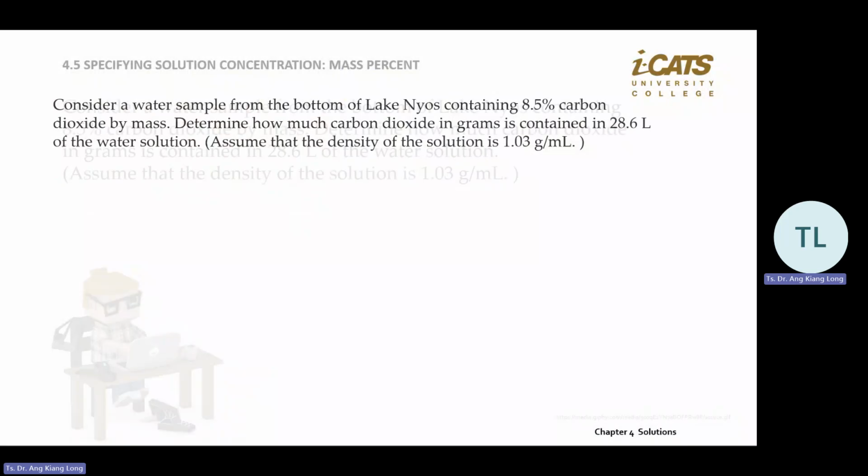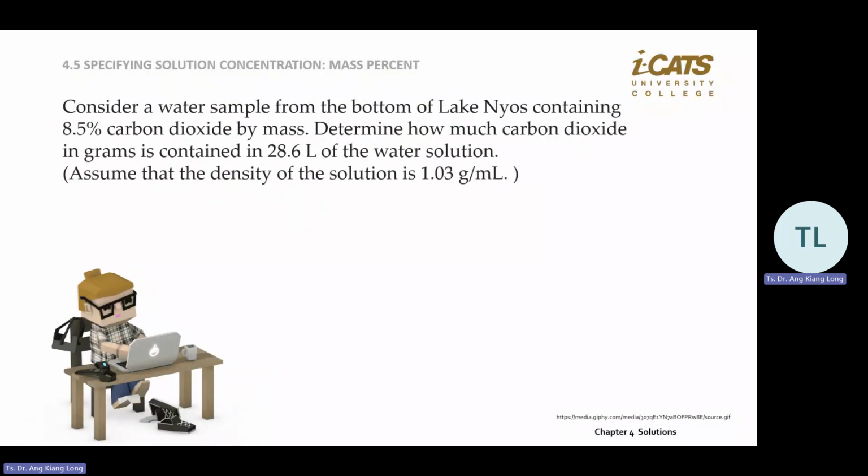Consider a water sample from the bottom of a lake. It gives you a scenario: 8.5% carbon dioxide by mass. So this is percentage by mass. When you see this kind of question, it falls under chapter 4, and it asks you about concentration.